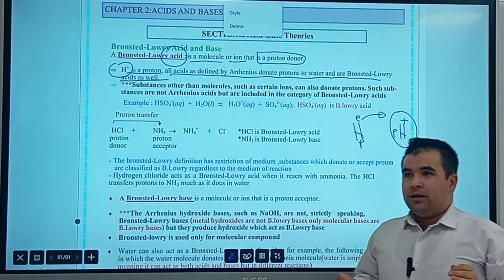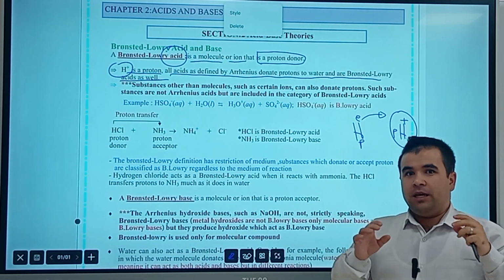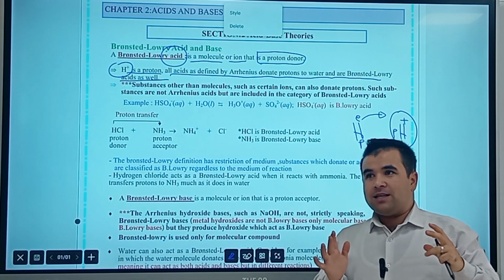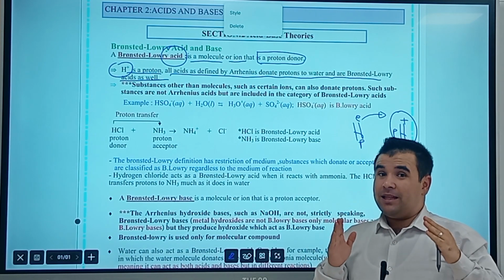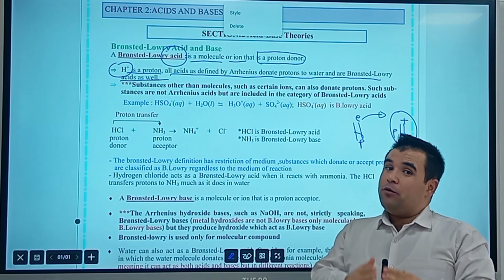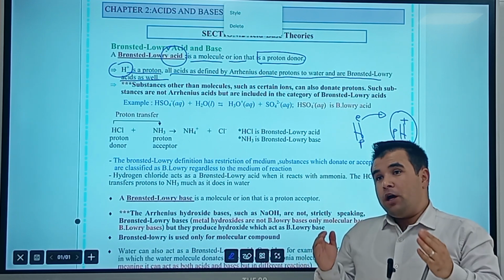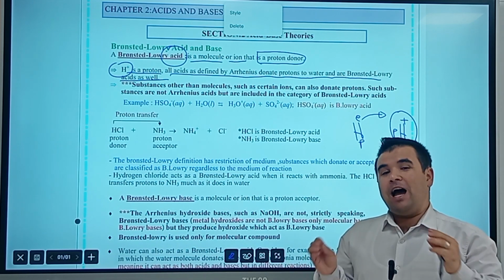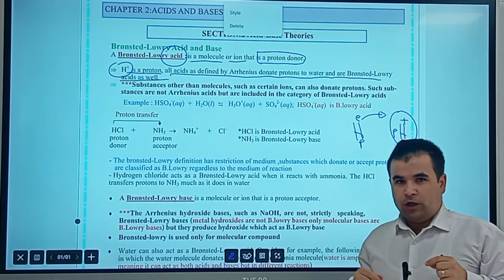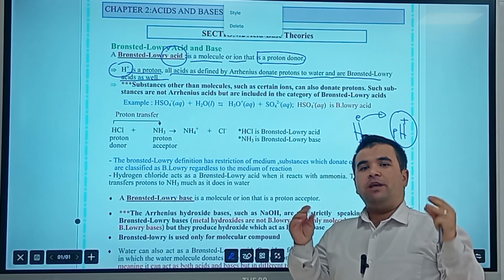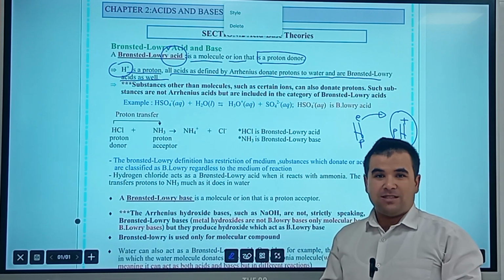Guys, we can say that all the Arrhenius acids, which increase hydronium, have to donate a proton to the aqueous solution to increase hydronium, so they will be classified as Bronsted-Lowry acids.